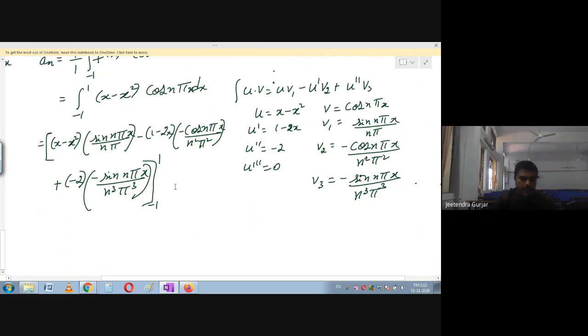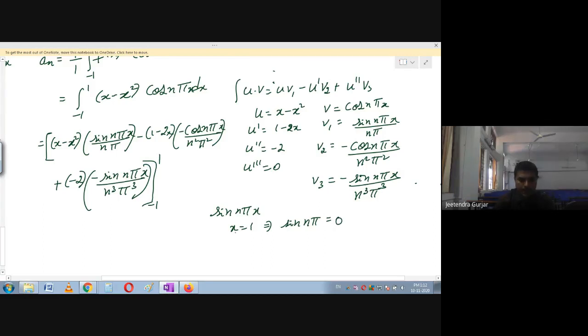So when you take x as 1 to minus 1, please remember here you can see this sine n pi x. When x is equal to 1, you can see sine n pi will be equal to 0.